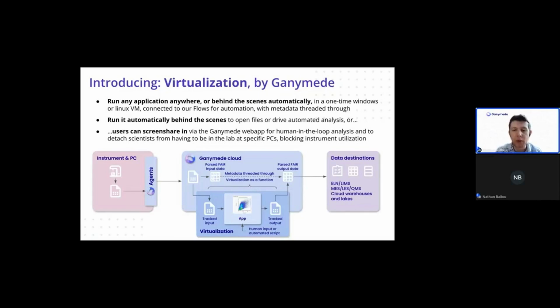And when we run those virtual machines with these applications installed, they exist just for the moment that things are being run, just for that one analysis, and then they disappear afterwards.